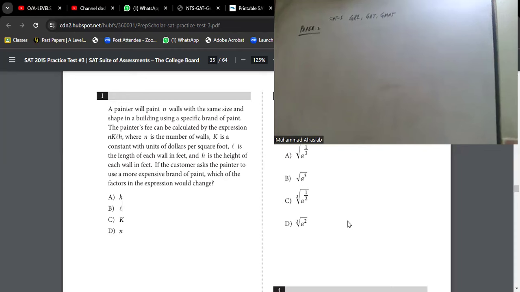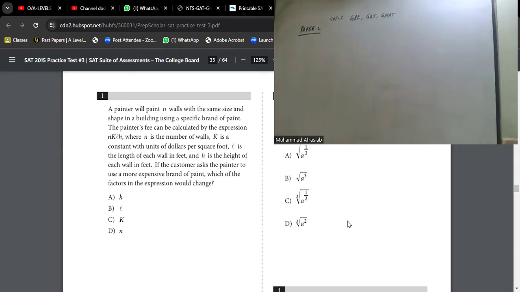We know that when they are going to use an expensive brand of paint, N is not going to change because the walls remain the same. L is not changed because it is the length of each wall in feet, and H is also not changed because it is the height of each wall in feet. Only the factor K will change because it is a constant with the unit of dollars per square.